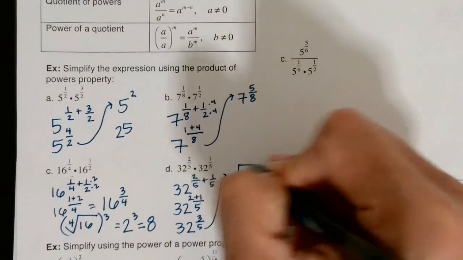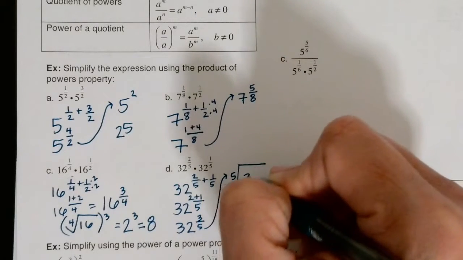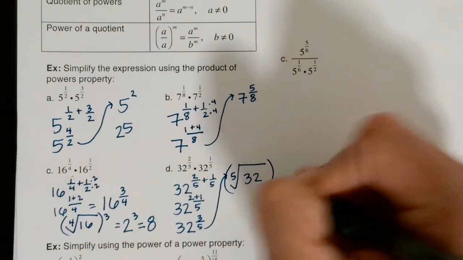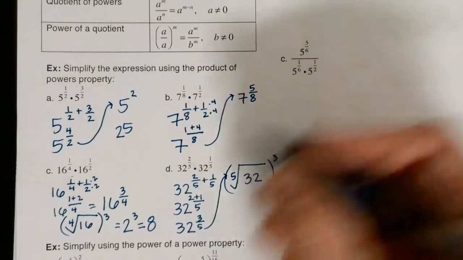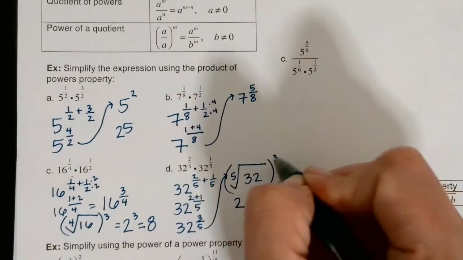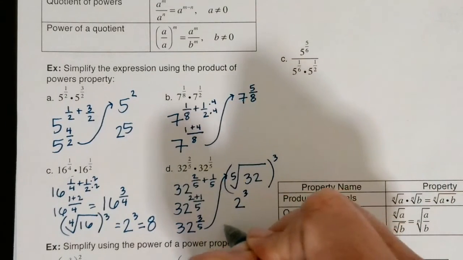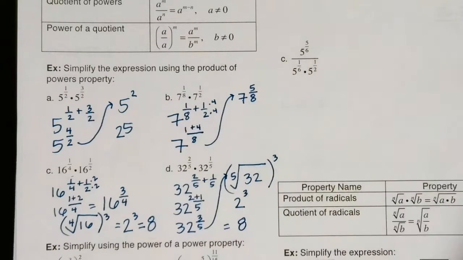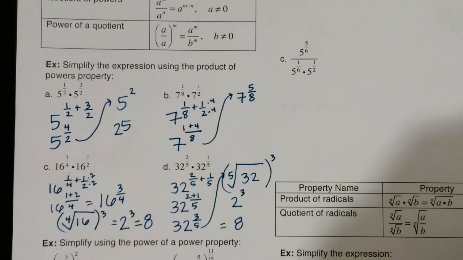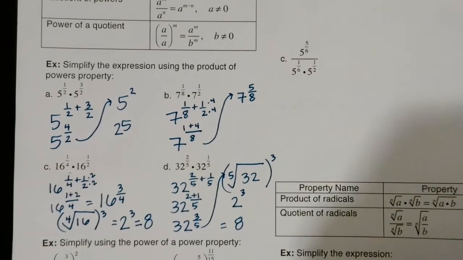So it's the 5th root of 32 raised to the 3rd power. So can I get 5 of a kind? Yes, it's 2, but then we have to the 3rd power, so that equals 8. Okay? That's that one.